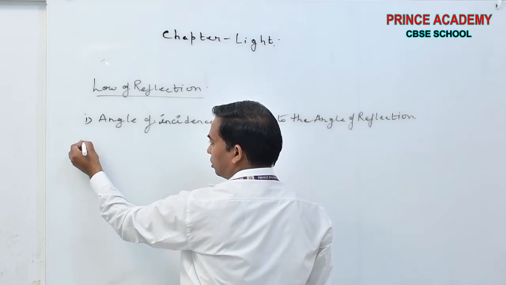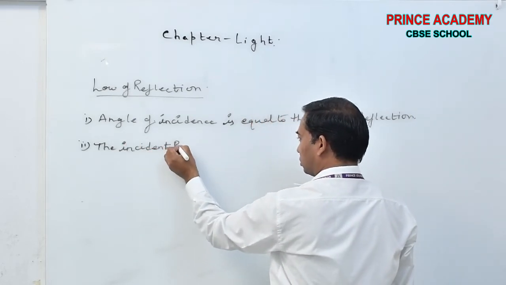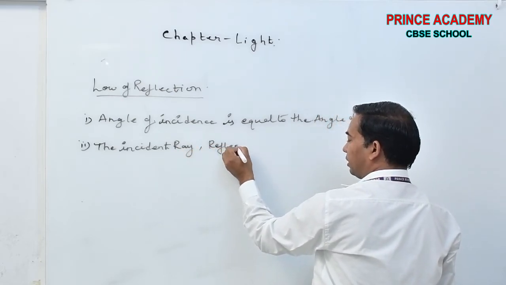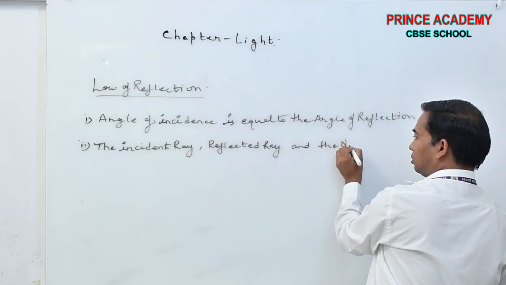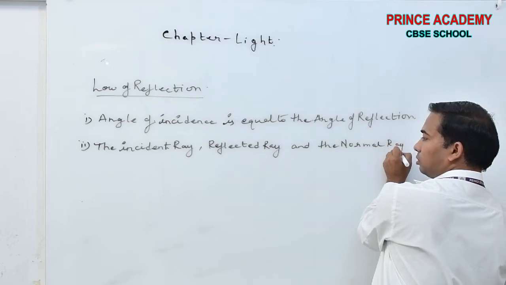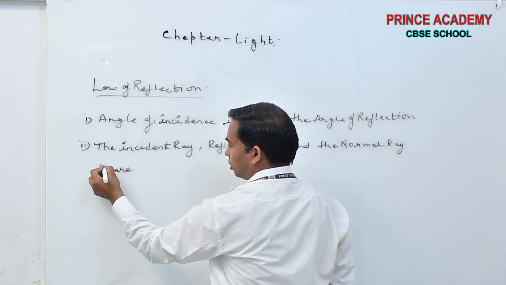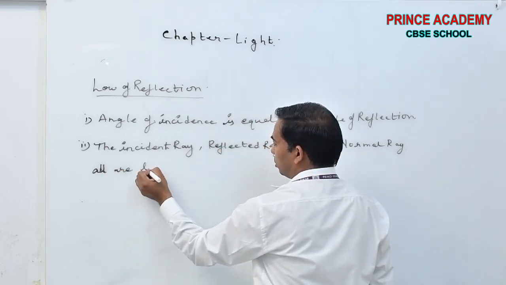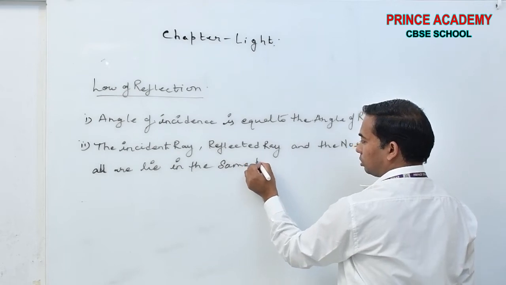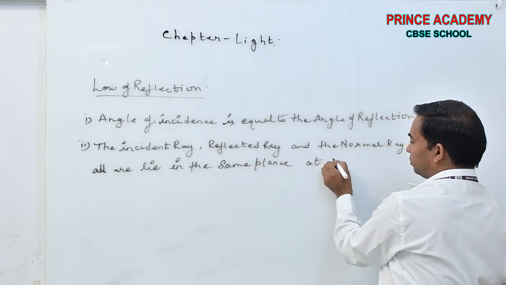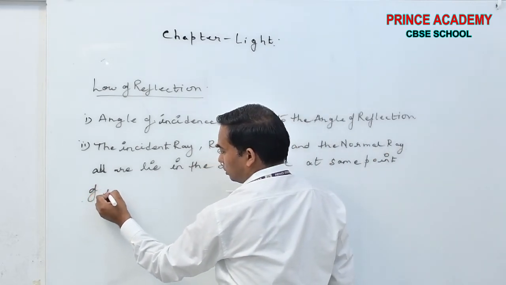According to the second law, the incident ray, reflected ray and the normal ray all lie in the same plane at the point of incidence. Here, angle of incidence is equal to angle of reflection, angle i equals angle r. The incident ray, reflected ray and the normal ray all lie in the same plane at the same point of incidence.